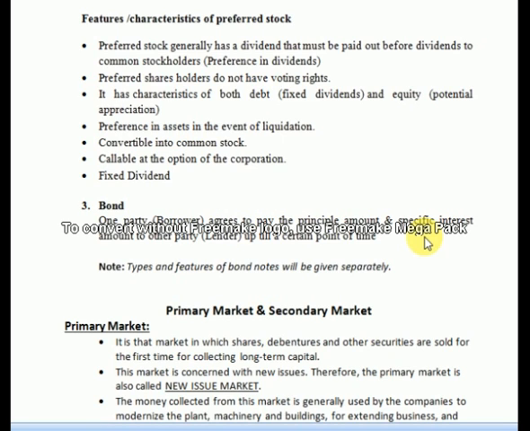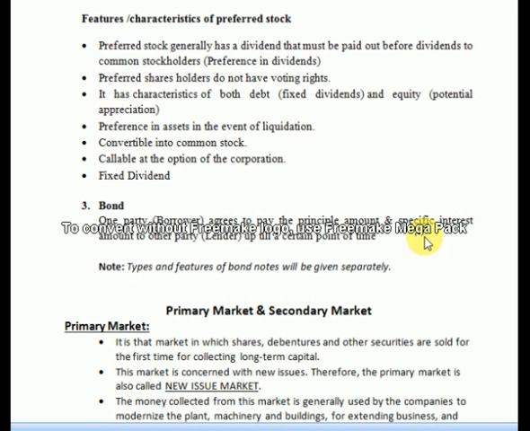Look, if you make an investment of $1 lakh in the preferred stock, and on that $1 lakh, 5,000 is your fixed dividend, let's suppose 5% is the fixed dividend rate. So till the maturity of that preferred stock, you will receive a fixed 5,000 per year in dividends.